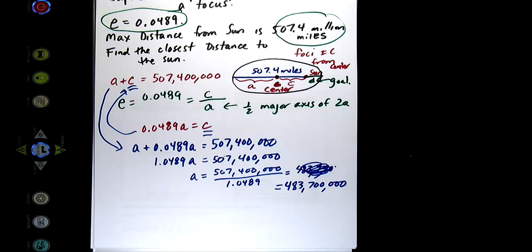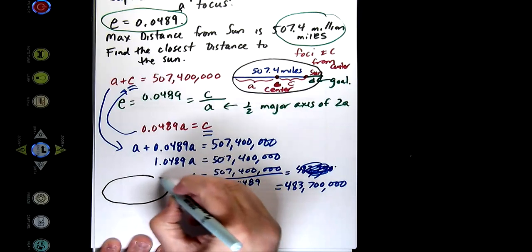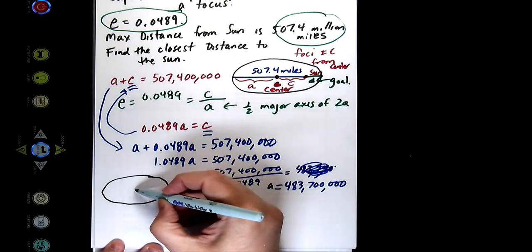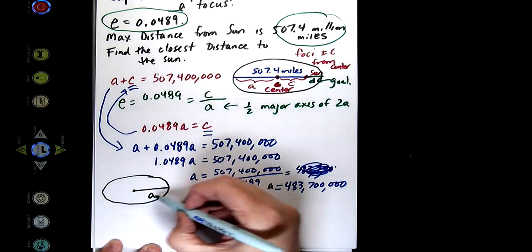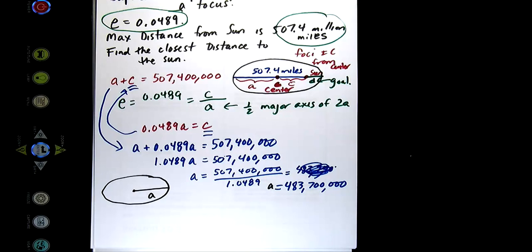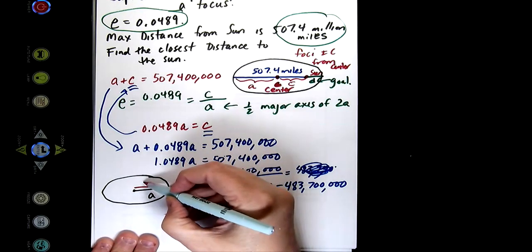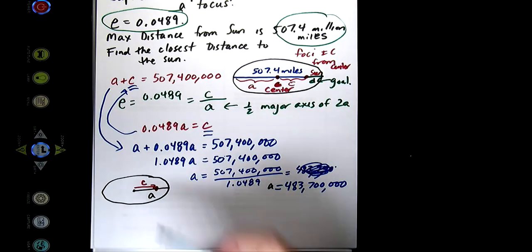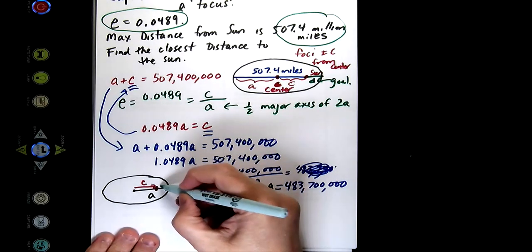So I'm gonna re-sketch my picture a little bit. Right here, that's my A, right? That's telling me the length from there to there. That's my A. My sun is right here, and that length is C. What does this length have to be in relation to this?